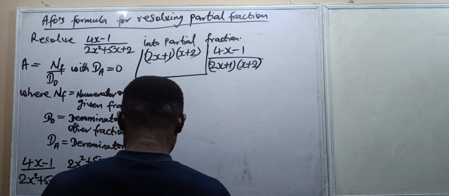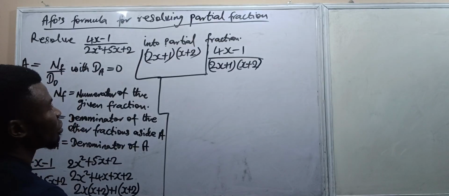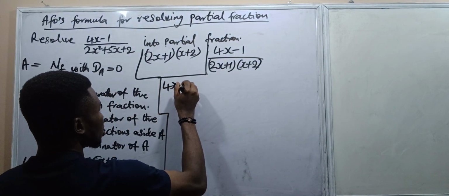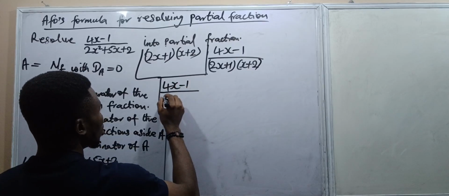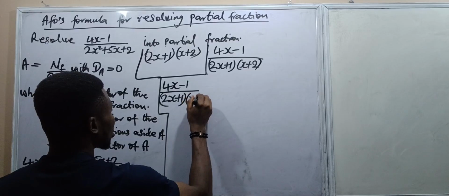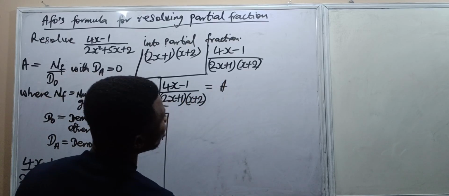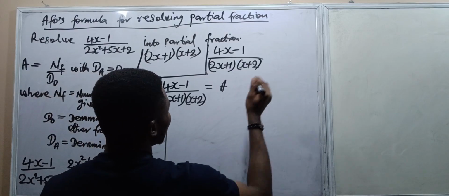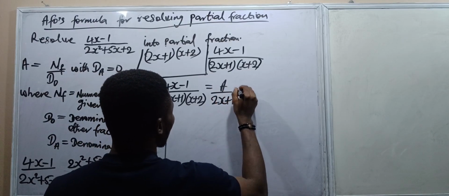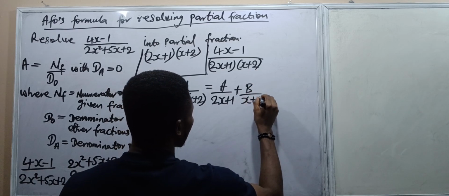This is what we're going to resolve into partial fractions using AFO'S formula. So 4x minus 1 all over 2x plus 1 into x plus 2 will be equal to A over 2x plus 1 plus B over x plus 2.